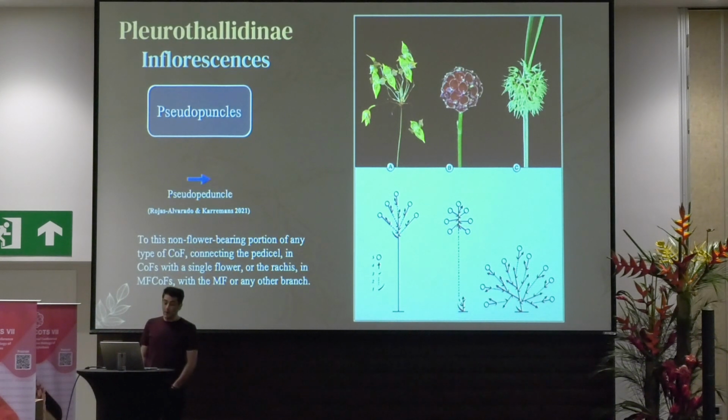So in 2021, we decided to propose the term pseudopeduncle to refer to this non-flowering section of any type of coflorescence connecting the pedicel, in single-flower coflorescences, so they only have one flower, or the rachis in multi-flower coflorescences, to the main florescence or to any other branches that you can see here, because we can have different orders.